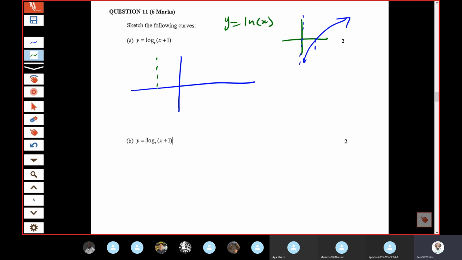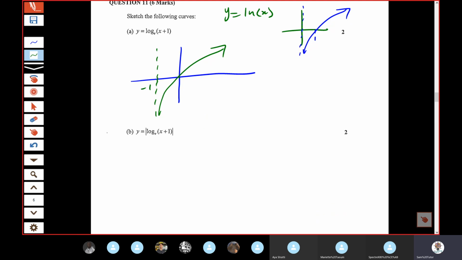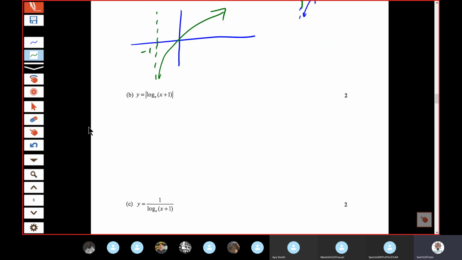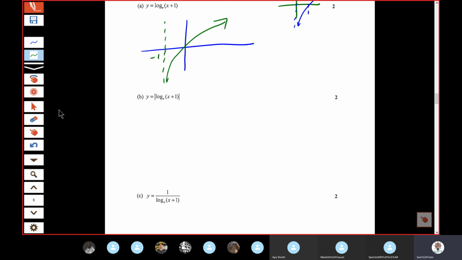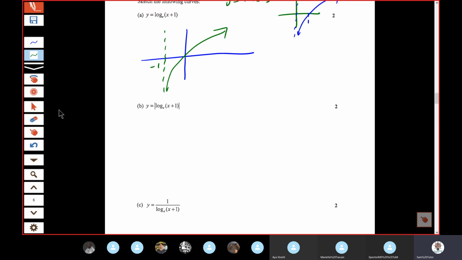So of course, your asymptote now is at negative 1, which you guys know because you can't log a 0 anyways. And then it's going to intercept at 0. And there it is. Nice and simple. Please try to do B and C. Absolute value and the reciprocal. 2 marks each.